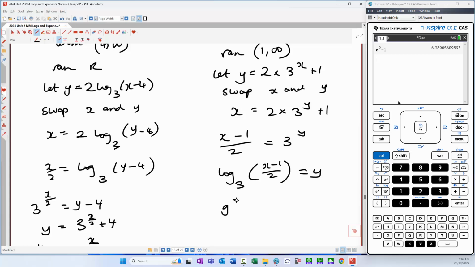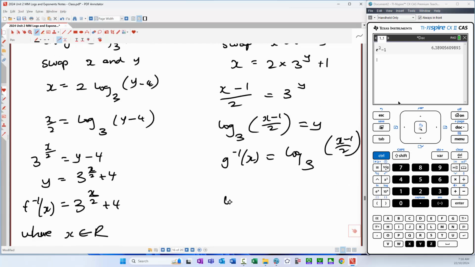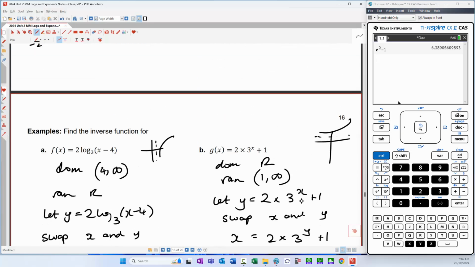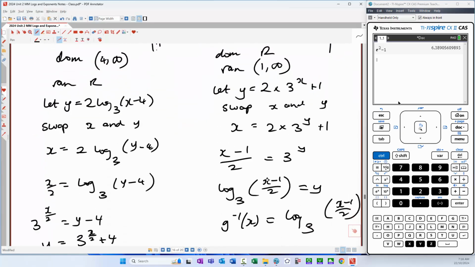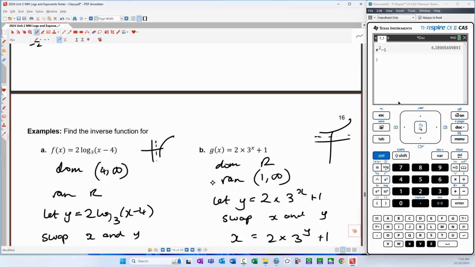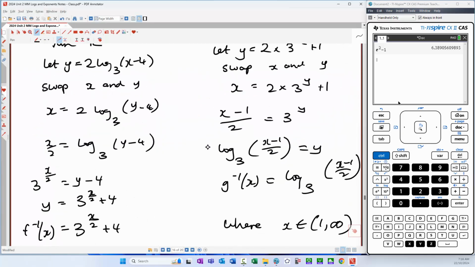That means g inverse of x equals log 3 of (x take 1) on 2, where x is an element of 1 to positive infinity. All right, so there it is. So if that's our original, our inverse is going to look something like that.